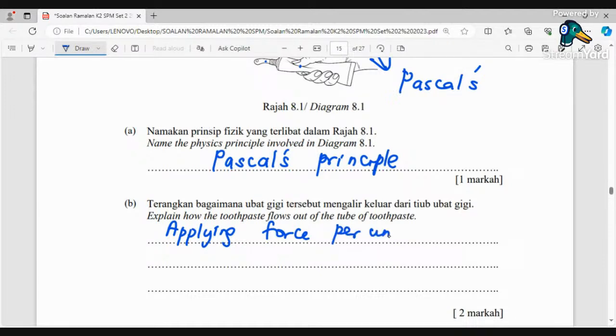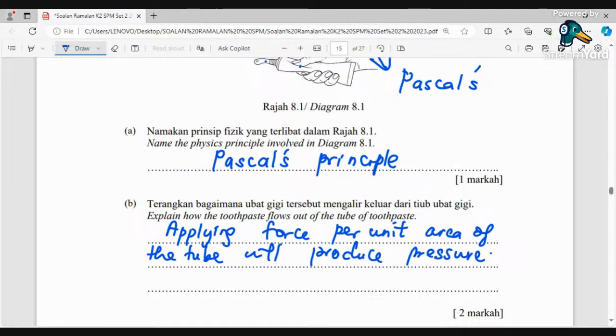Per unit area of the tube will produce pressure.